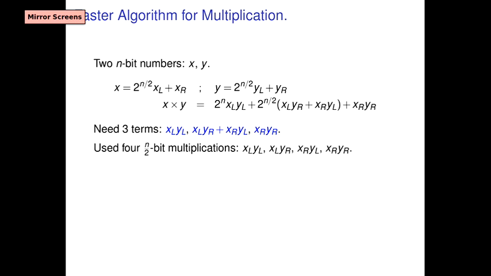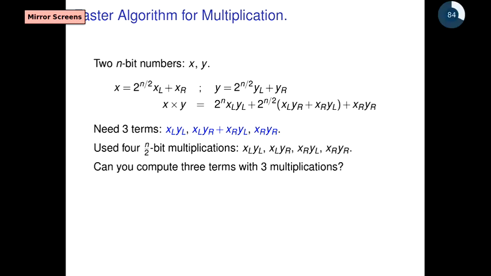This was bad. I used 4 n over 2 bit multiplications. But you can compute these 3 terms that you need. You don't need to actually write out 4 terms. You just need to know the xl times yl, xl times yr, this sum, and xr times yr.